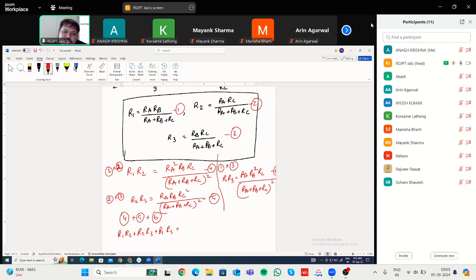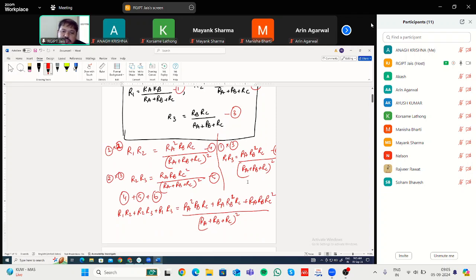On the right hand side, in all the terms the denominator is RA plus RB plus RC whole square. In the numerator, you will get RA square RB RC plus RA RB square RC plus RA RB RC square. This is what we will get.